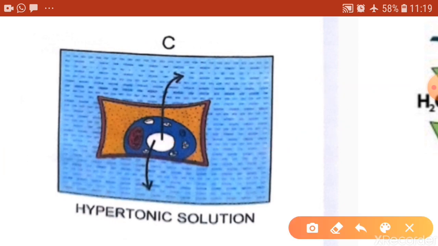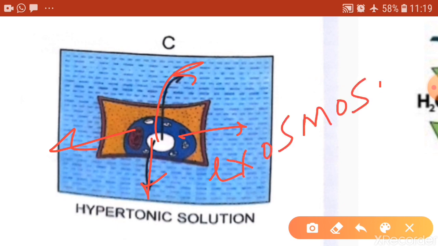So the net result is that the cell is going to lose water, and the cell loses water by exosmosis.